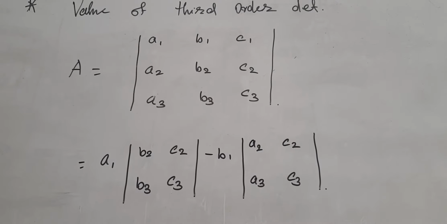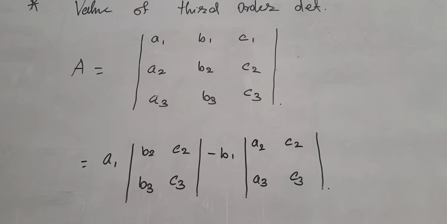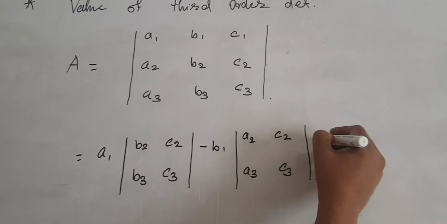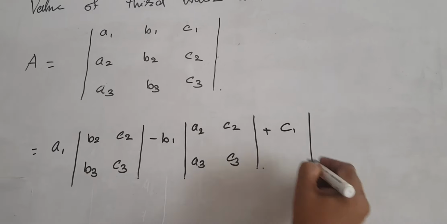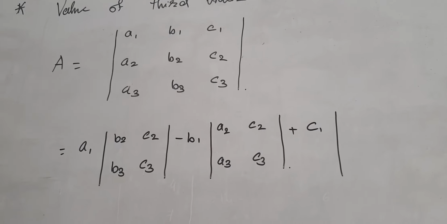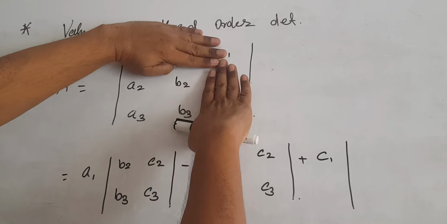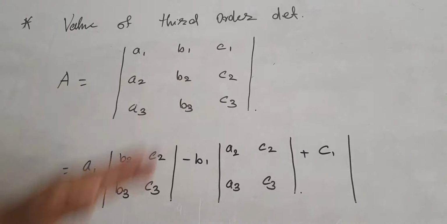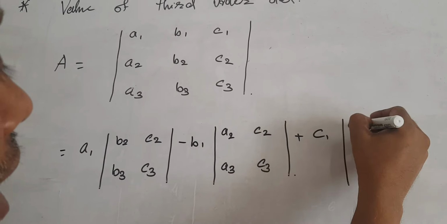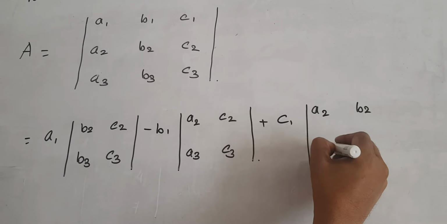I have written and made a 2 by 2 determinant. Plus c1, the last element of the first row, third column. So the rest of the elements are a2, b2, a3, b3, and we write that in this way.